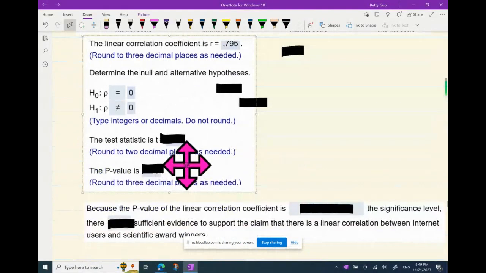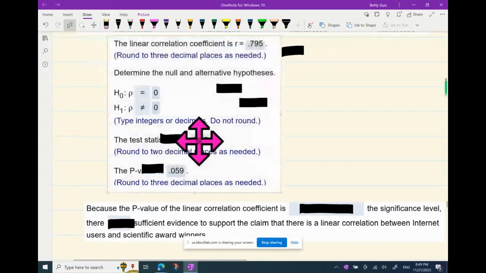Test statistic. My test statistic, t equals 2.616876878. Round to two decimal places, t equals 2.62.